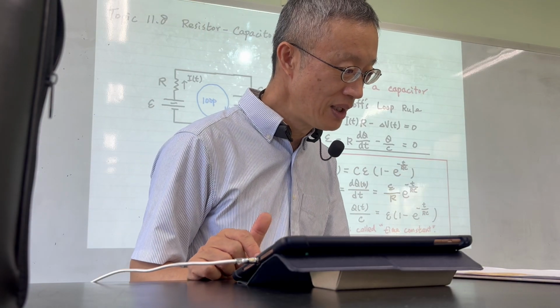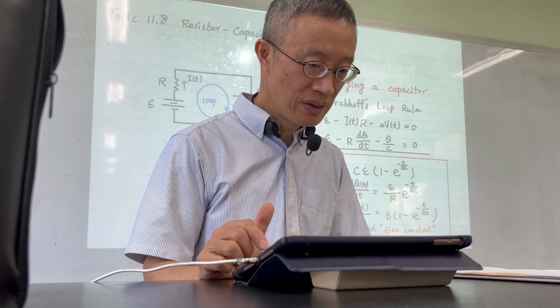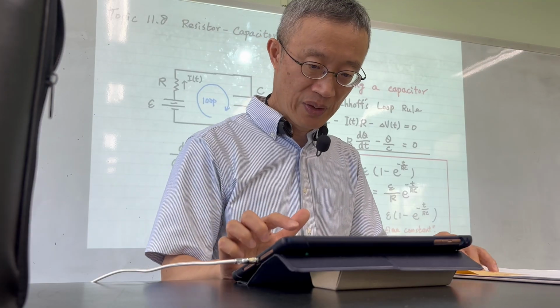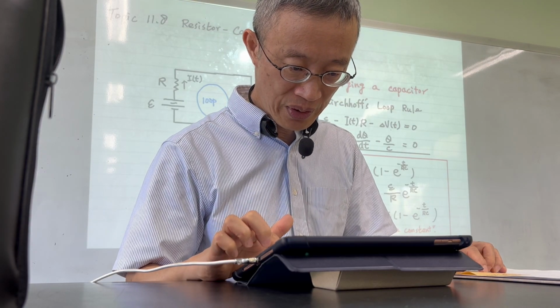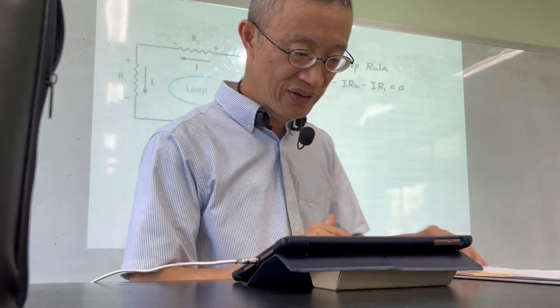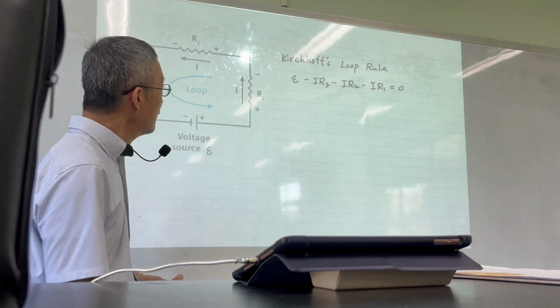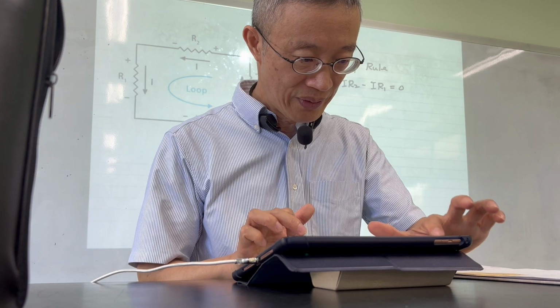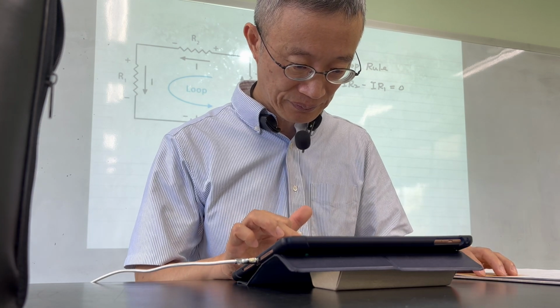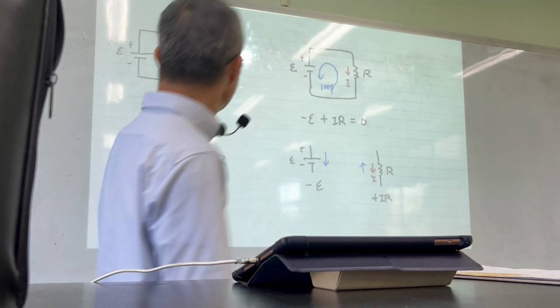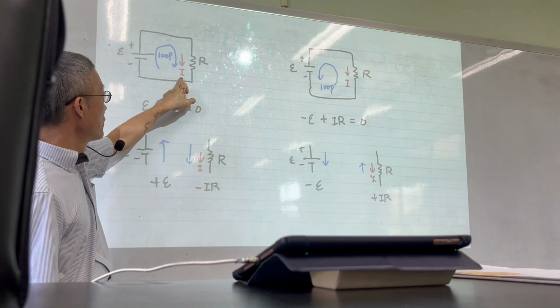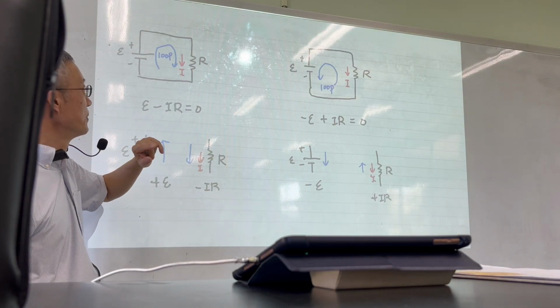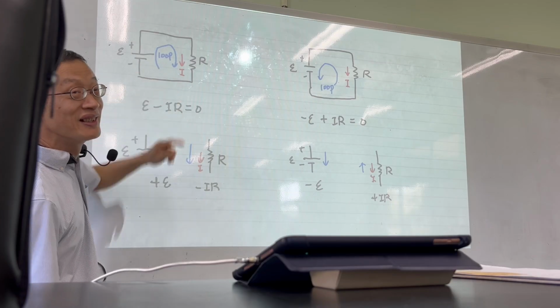Okay, then let's practice the Kirchhoff loop rules. You need to mention the current direction first, then you decide the loop direction.